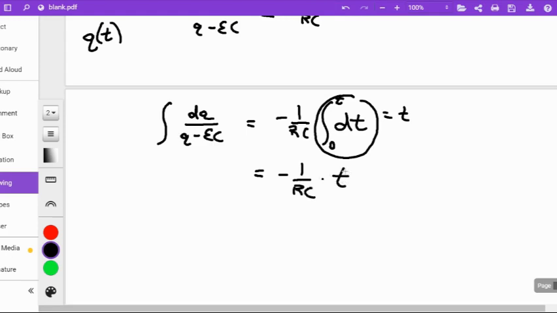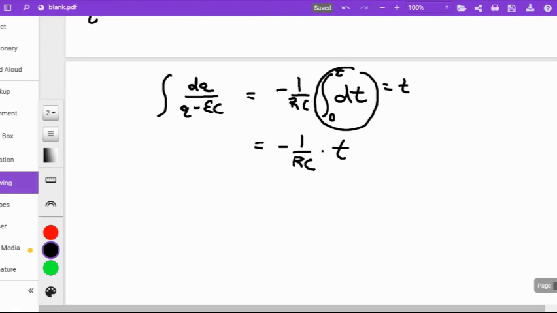Now on the other side, what are my endpoints? I'm going to go from 0, because the capacitor doesn't have any charge initially, up to big Q. You can show this by substitution, which is probably the best way to do it. Look at all this stuff down here.